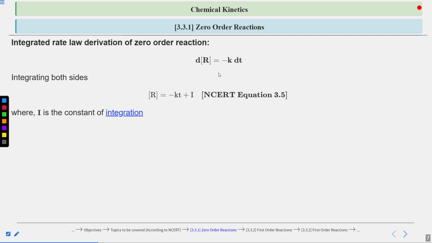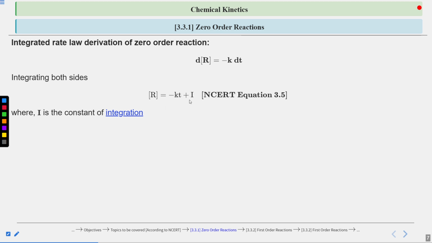What I said is that we are integrating, that means we are adding small quantities from both sides. So when you add the small quantities of the reactant, it becomes the whole reactant concentration, and when you add the small times to get the whole time, it becomes minus of kt. We add a plus I, which is called the constant of integration.